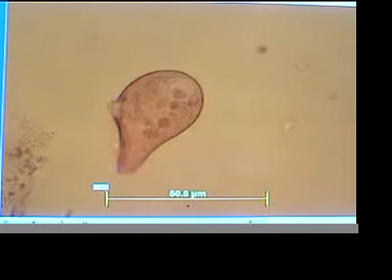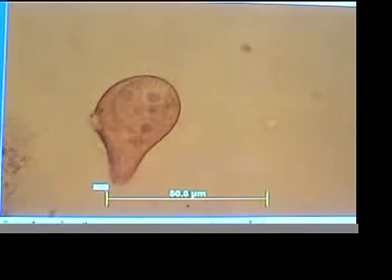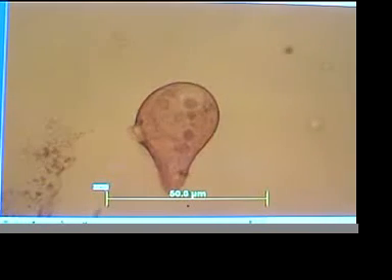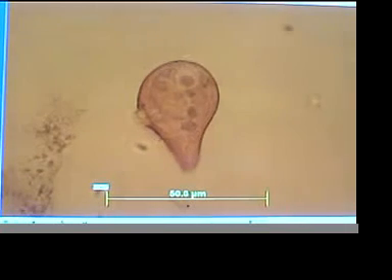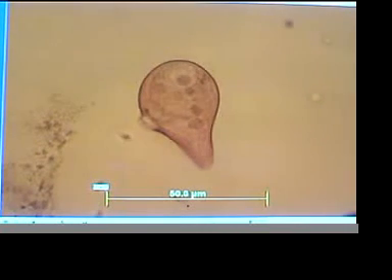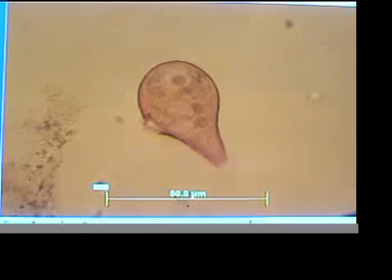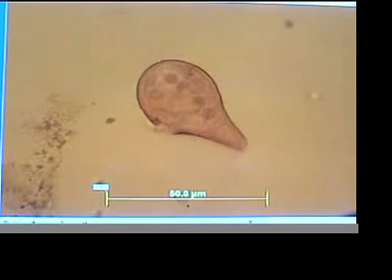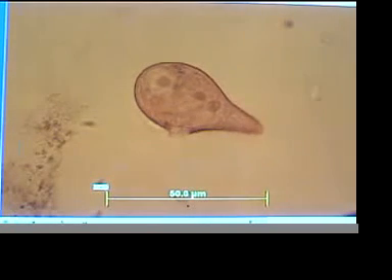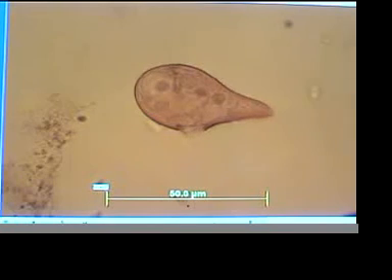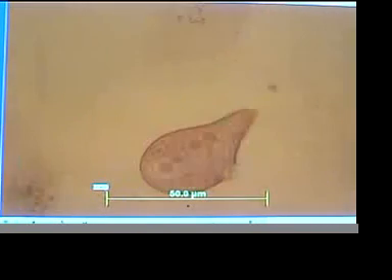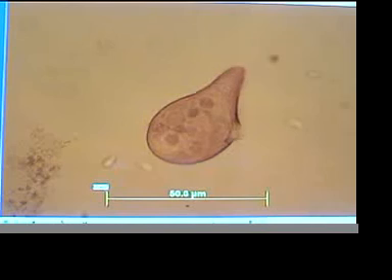Now just below him, in 8H, grid 8H, is this guy. You can also see he's got a little growth on the side. So we have 8H, something is happening to him. There he is, 8H.